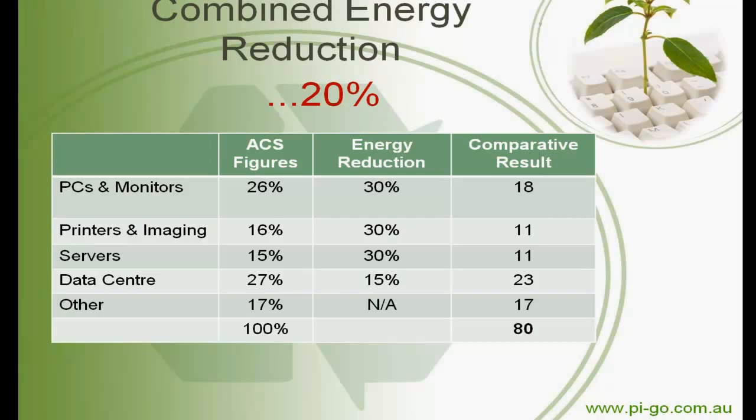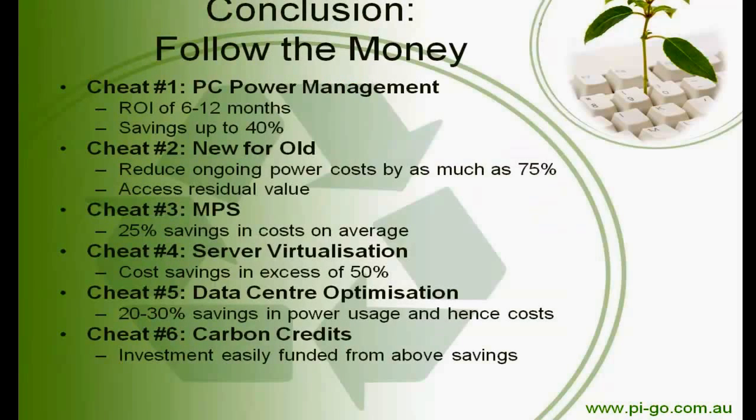But the really amazing thing about these cheats is that you don't do them from a business point of view just to deliver green IT. What you do is you deliver them to follow the money. Each of these cheats has an ability to put money into the pocket of the organisation.